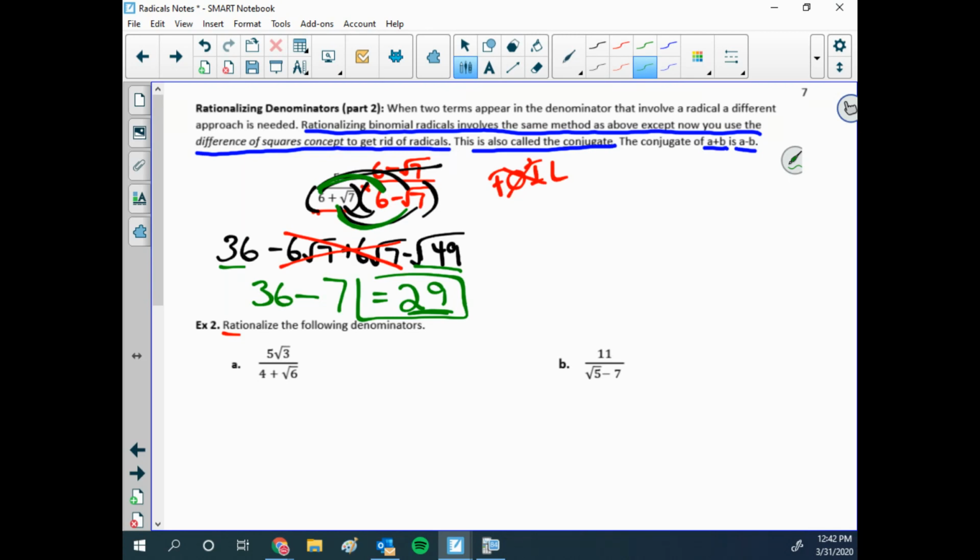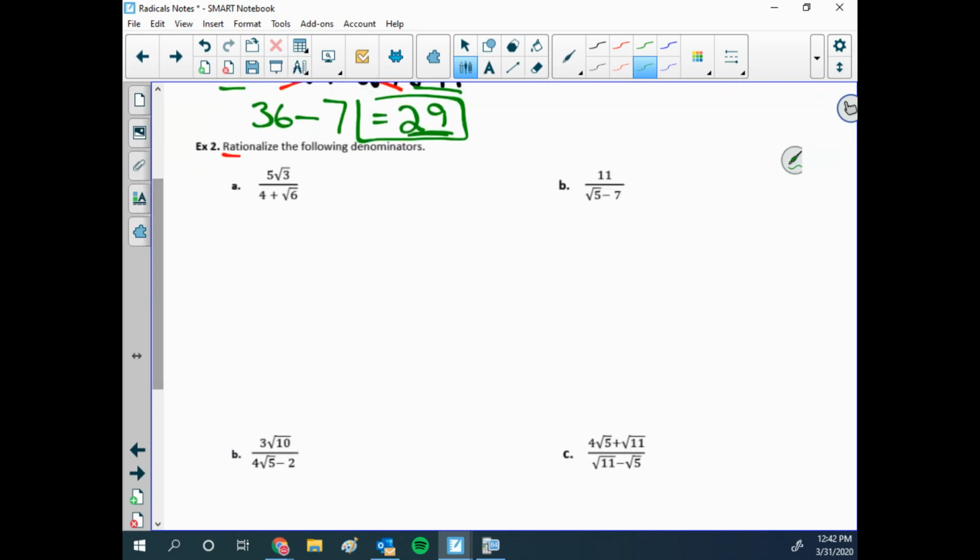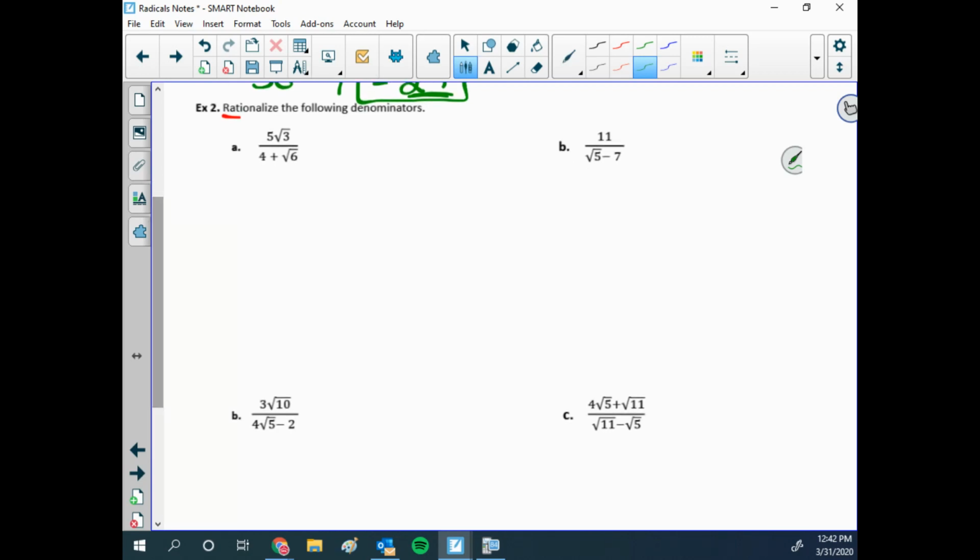So let's look at how that works in a few examples, and then what we need to do to simplify from there. So A is the same thing: rationalize the following denominators. I need to take this and multiply by the binomial conjugate. The conjugate of 4 plus root 6 is 4 minus root 6, so I'm going to multiply the top and the bottom by 4 minus root 6.